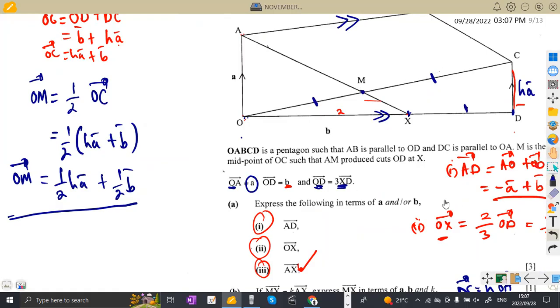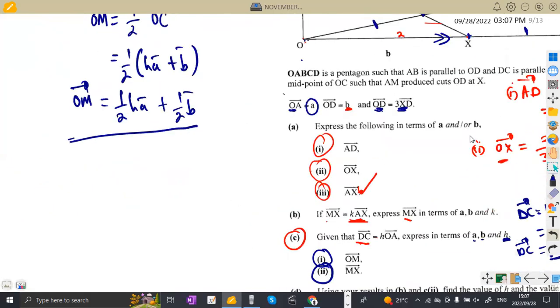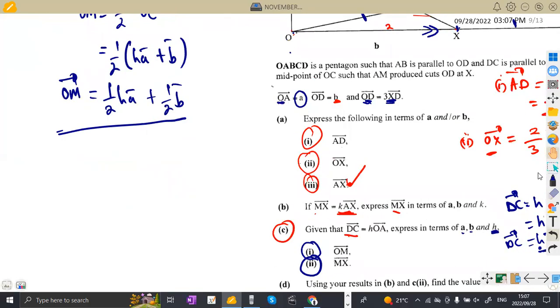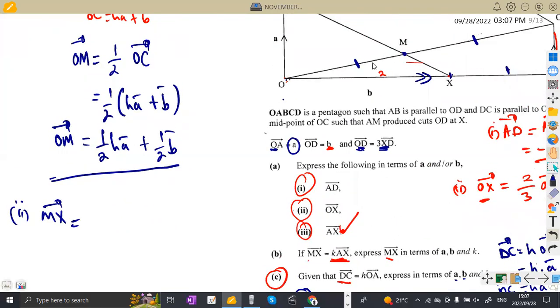Okay, so I hope you understand what happened there. So this is item 2. On our item 2, we said we are going to need MX. So the route that I'm going to take from M to X is M to O, then O to X. So this one is going to be MO plus OX like this.